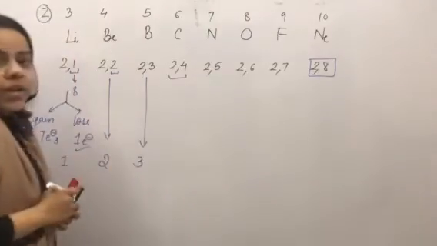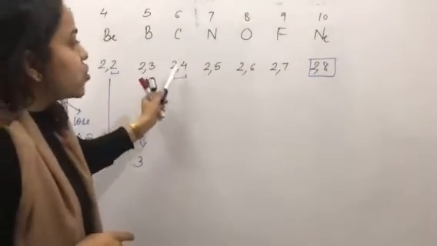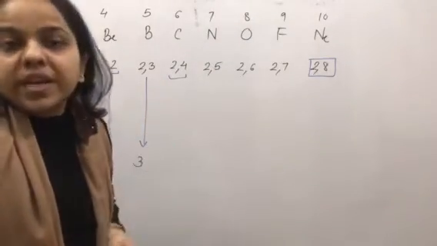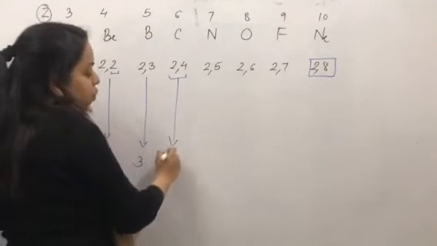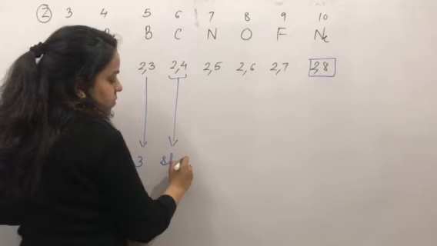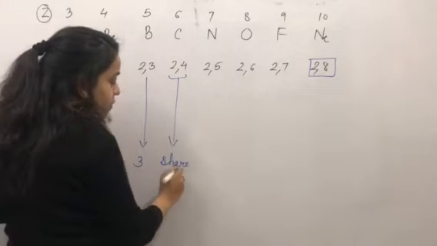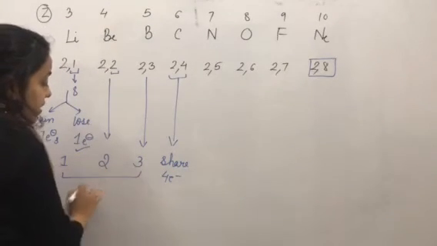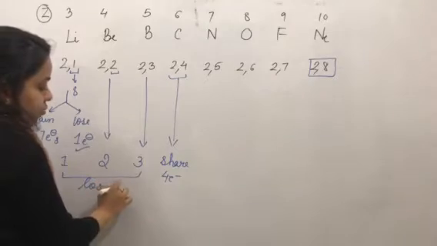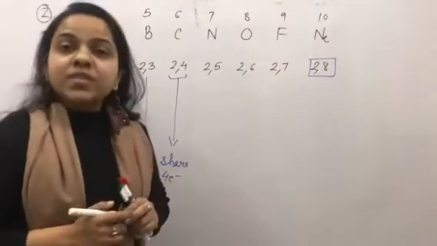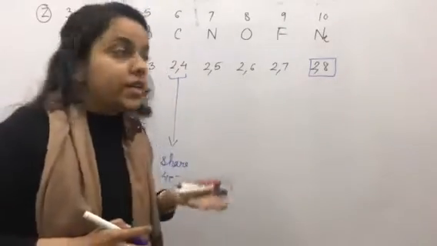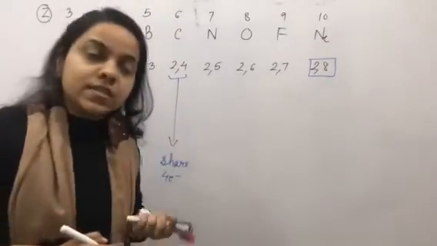What will happen over here? Gaining 4 electrons or losing 4 electrons is not an easy task. That is why it will share 4 electrons. And in the earlier cases, they were losing electrons. Now over here, losing 5 electrons is more difficult than gaining 3 electrons.